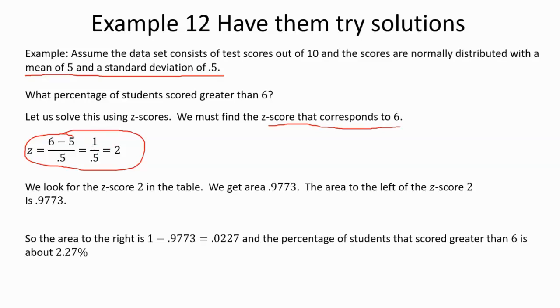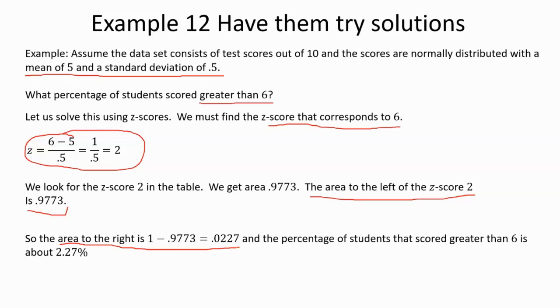Now if you looked at the table and looked for 2, it's there actually. You would get the area of 0.9773. But again, that's the area to the left. We said here greater than 6. So how do you get the area to the right? You subtract it from 1. That's what we're doing here.